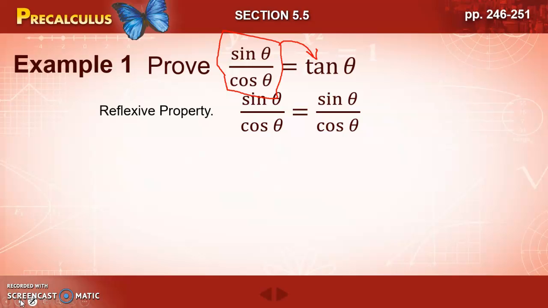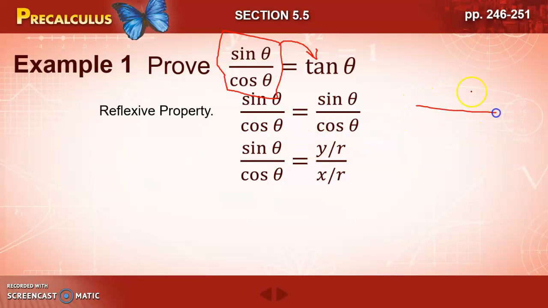We're then going to apply a basic definition to our side here. And we know that sine theta is the same thing as y over r, and cosine is just x over r. If we go back to that unit circle, that right triangle that we had, this is x, this was our y value, and then this is our radius, which is going to be equal to 1.